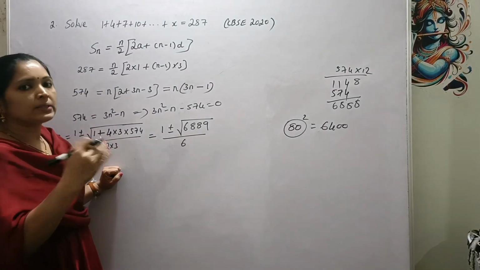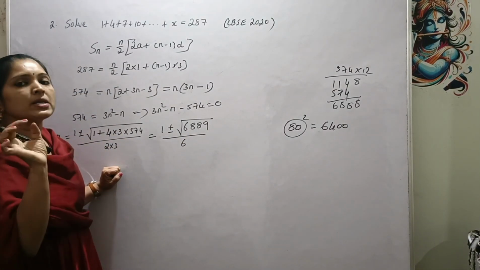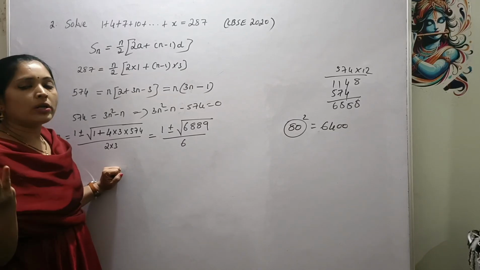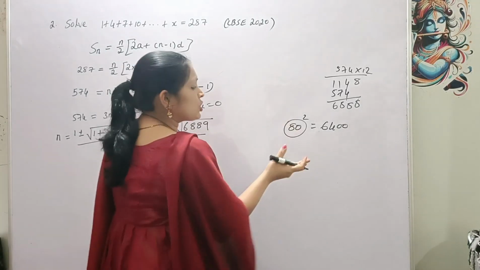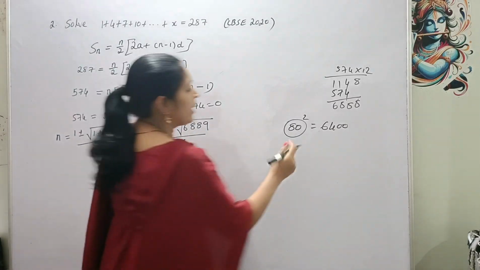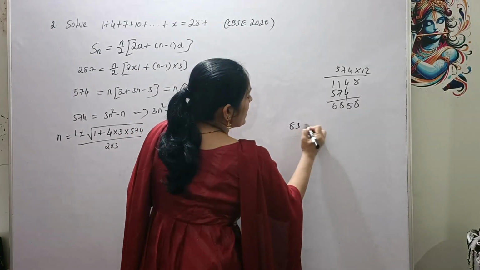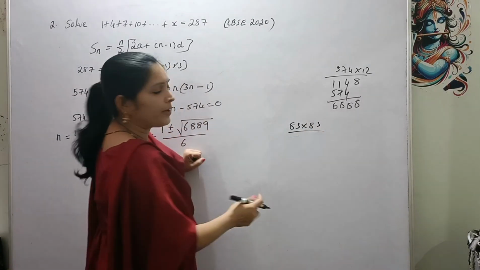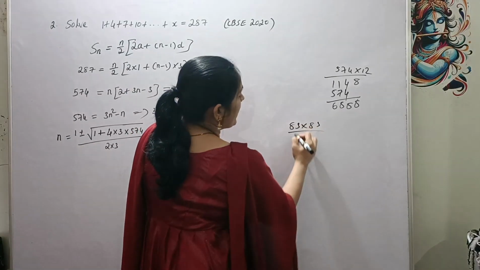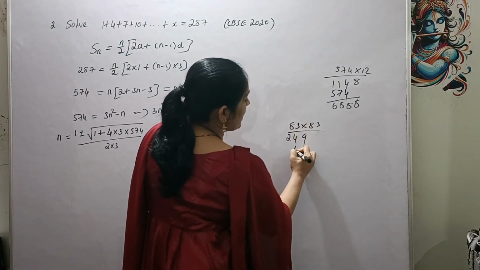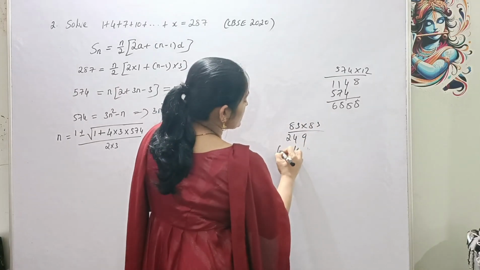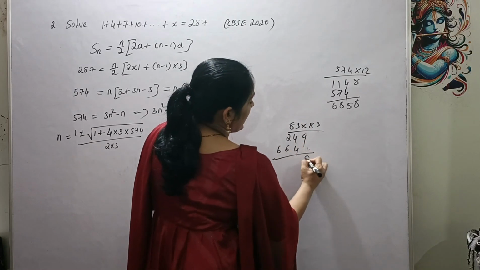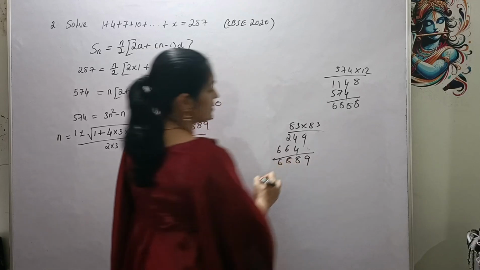And what are the possibilities? Last digit will be 3 or 7, since 7 7s are 49. So first of all, let's take 83. 83 into 83. 3 3s are 9, 3 8s are 24, 8 3s are 24, 2, 8 8s are 64 to 66, 9, 8, 8, 6.